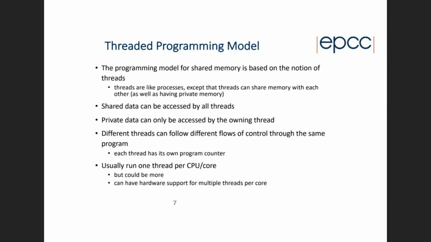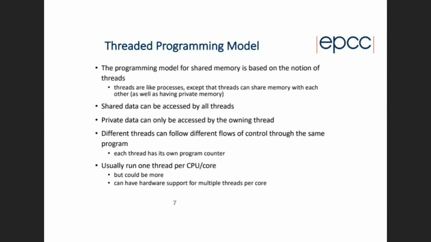Okay, so let's now start thinking more at the software level. The programming model that we're talking about here is based on the notion of threads. Essentially, threads are like processes, except that threads can share memory with each other, as well as having their own private memory.